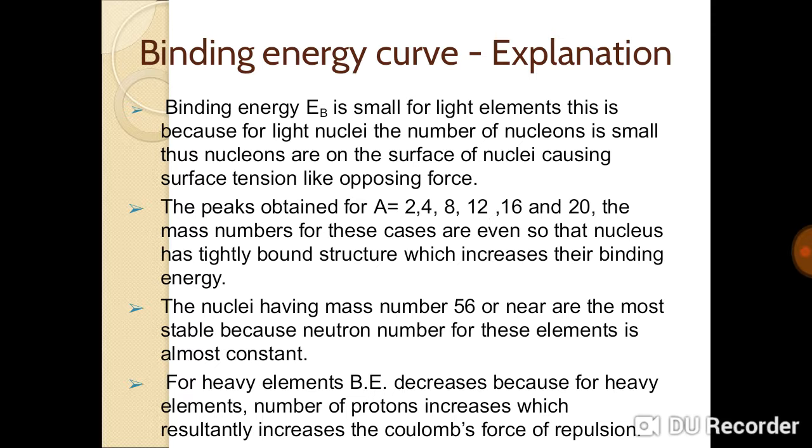This is because neutron number for these elements is almost constant. For heavy elements, binding energy decreases because the number of protons increases, which resultantly increases the Coulomb's force of repulsion.